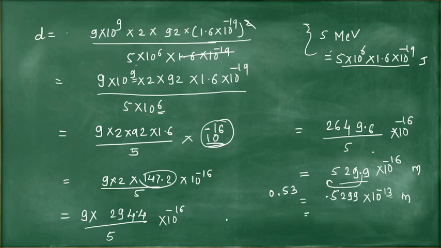So what you have to do is convert it into centimeter. In centimeter, you have to multiply it by 10 raised to 2. So 10 raised to minus 13 multiplied by 10 raised to 2 gives 10 raised to minus 11. So answer A is correct.